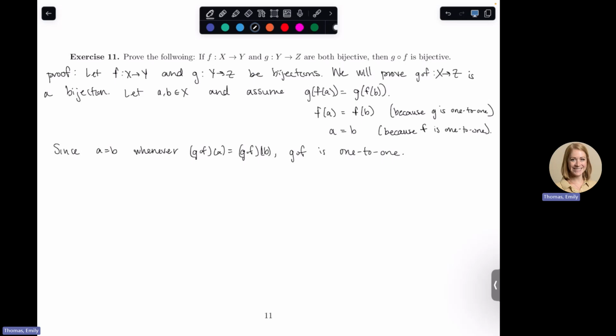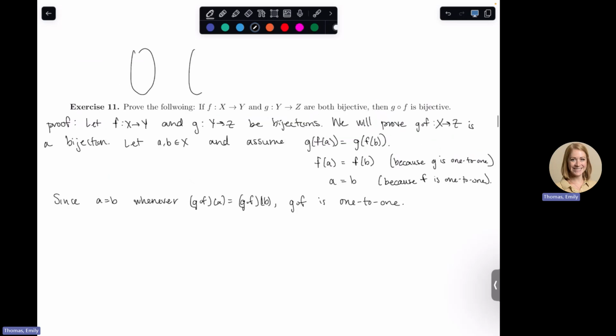Okay, so we showed the composition is 1-to-1, and now we want to show that it is onto. How do we show that something is onto? Remember, the big function is this composition that is going from x to z. So how do I show that that big function is onto?